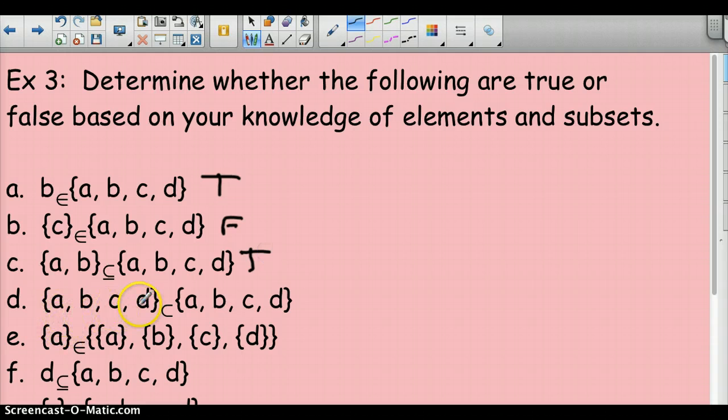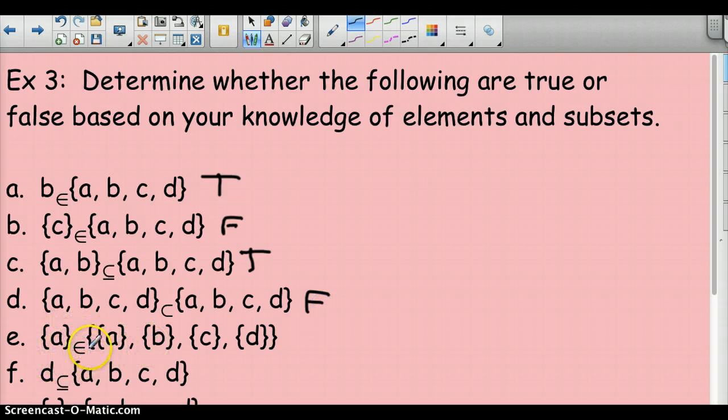Is A, B, C, D, oh, you look right here, this is proper subset of A, B, C, D. Now, if you were with us last time, proper subset means that it's a subset, but they're not equal. Well, I look, this is clearly a subset of this over here, but they are equal to one another. Therefore, I can say they are subsets, but not proper subsets. This is false.